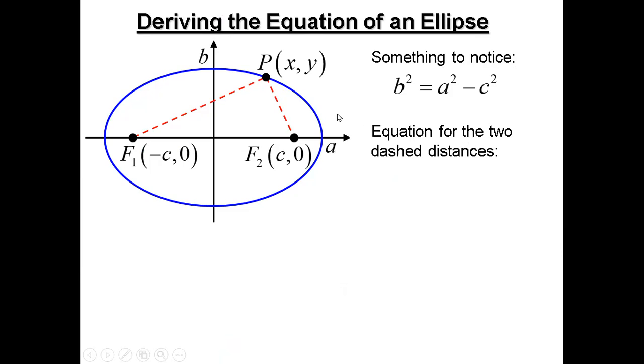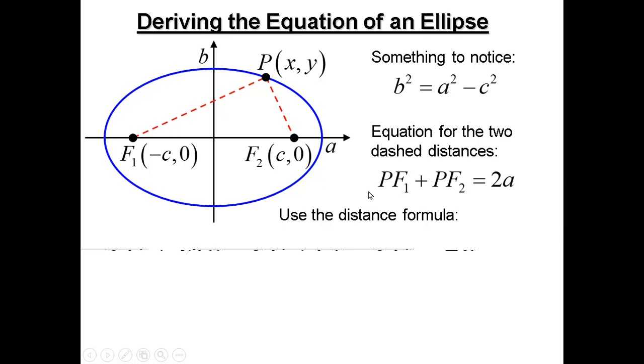An equation for the two dashed distances, okay, here we go. That's PF sub 1 plus PF sub 2 is equal to 2a. And using the distance formula, we are going to substitute there the coordinates of each given.